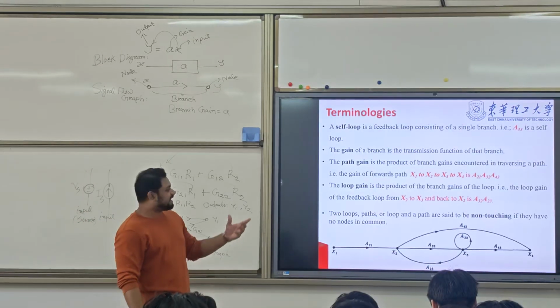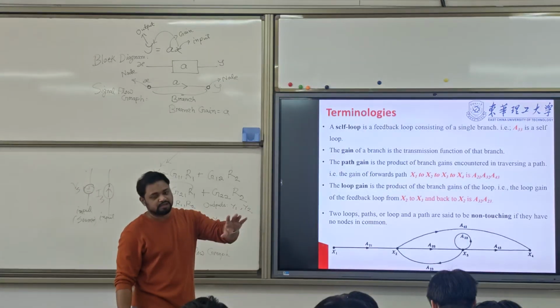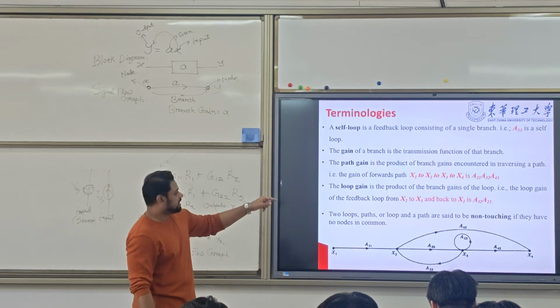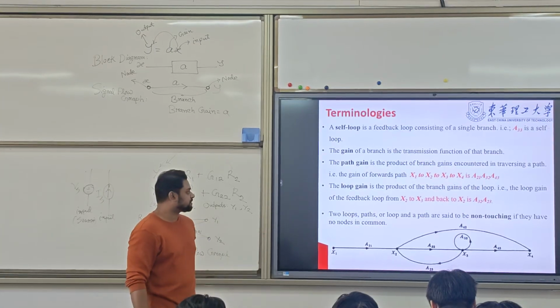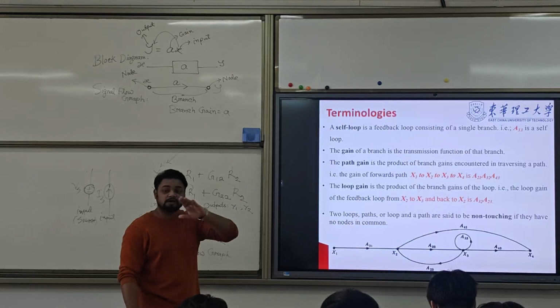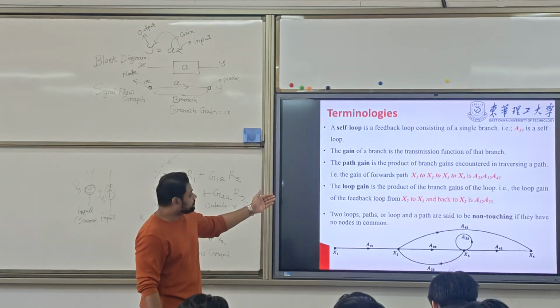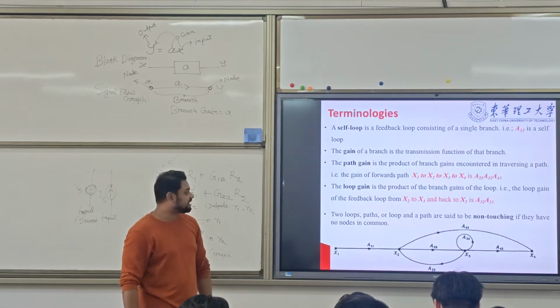Now, what are the gains? Gain is the product of all the branch gains in that forward path or feedback loop. So path gain is for forward path gain, and loop gain is for feedback loop gain, feedback paths gain.